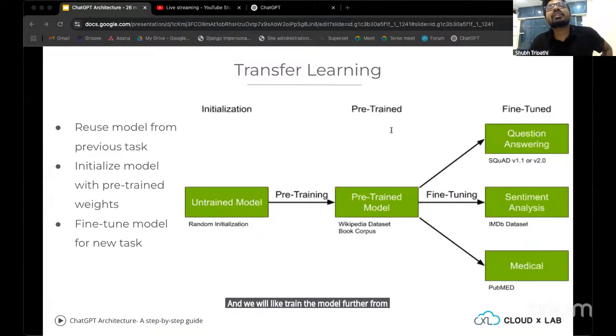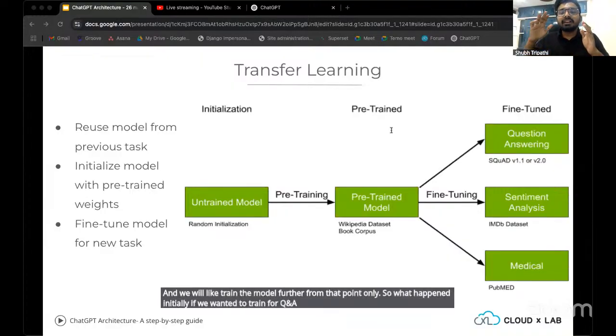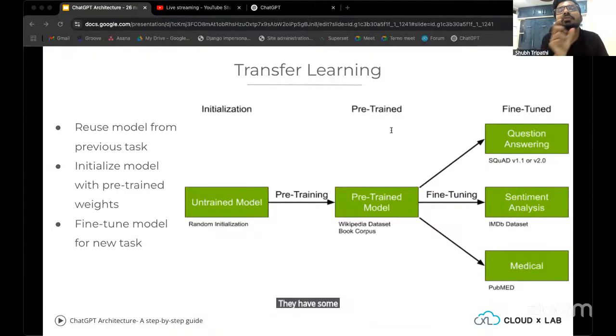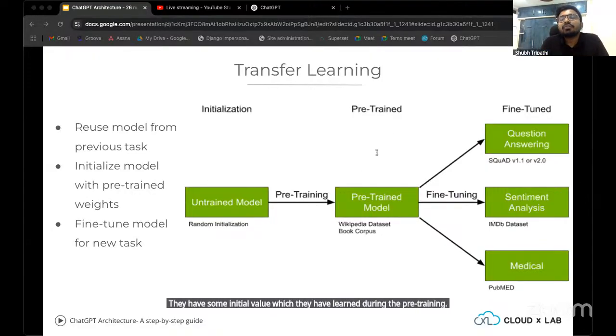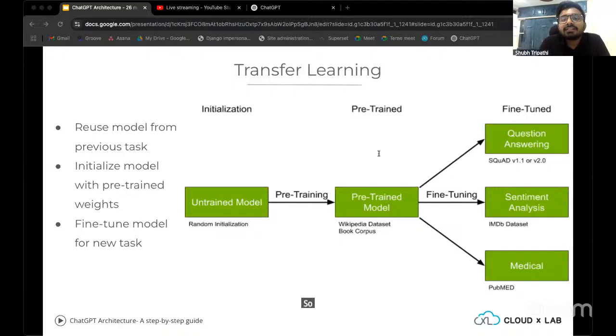from that point only. Initially, if we wanted to train for Q&A, we would have trained the weights from the start. But now the weights are not trained from the start. They have some initial value which they have learned during pre-training. During pre-training, the model learns broad language patterns from a vast amount of text.